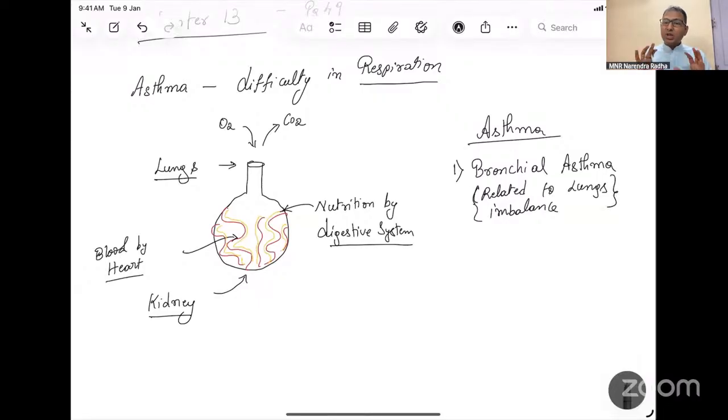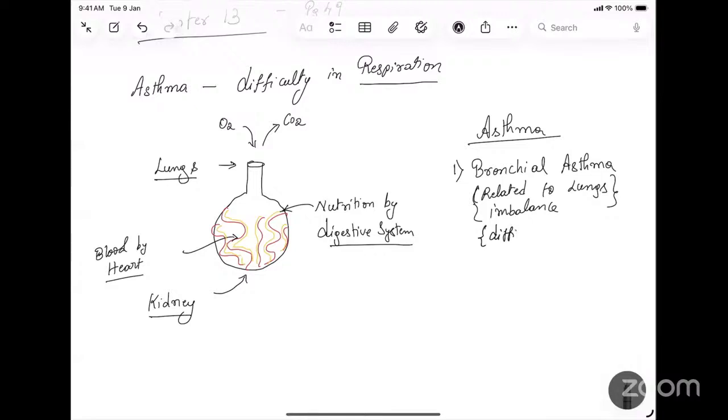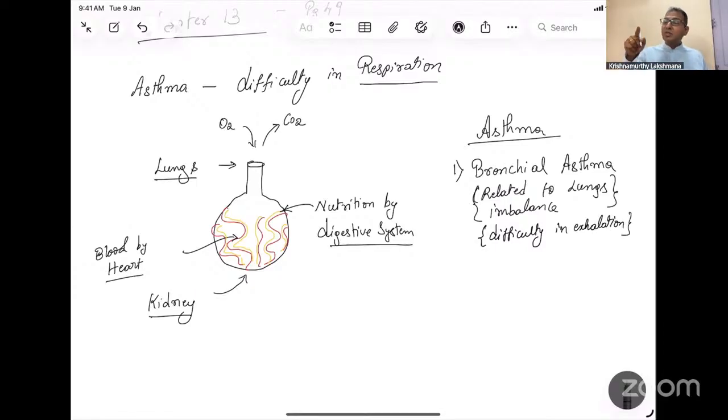If there is bronchial asthma, difficulty will be in the inhalation or the exhalation? Exhalation. Difficulty in exhalation. So in that situation, we will have to treat lungs, right?